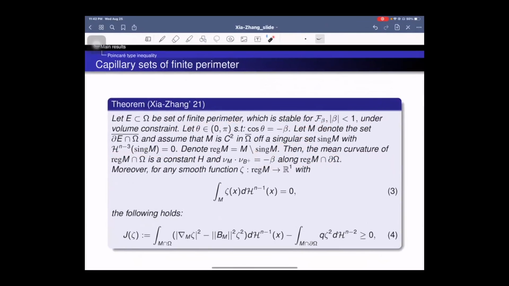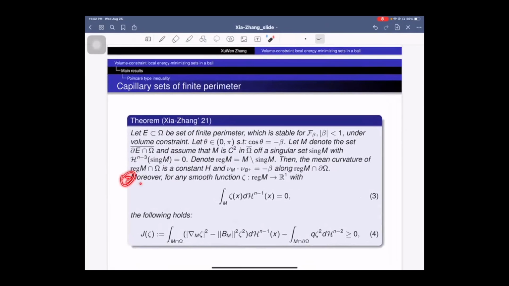And moreover, from the stability, we have the following Poincaré type inequality. And that's for a general omega with a C2 boundary.